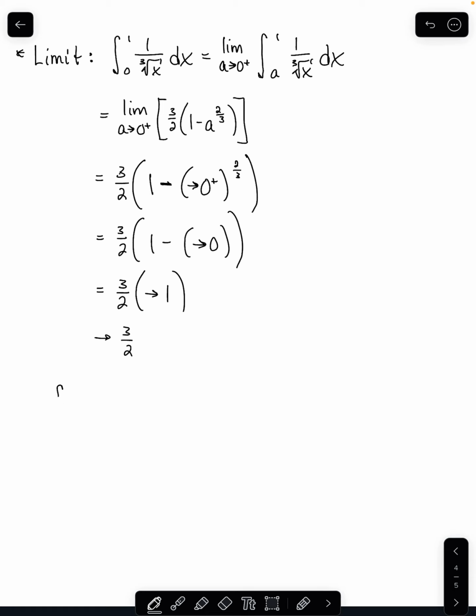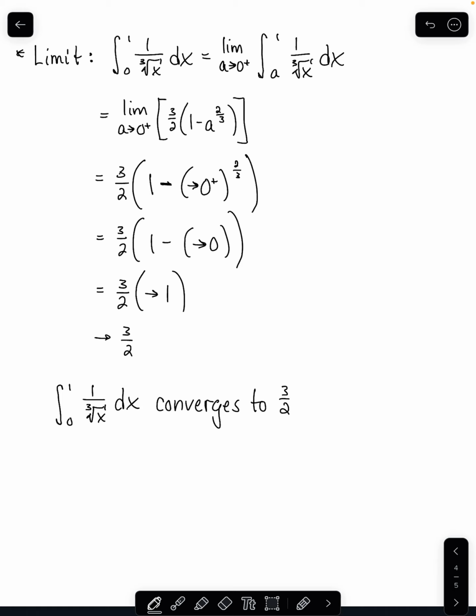Thus we can say the integral from 0 to 1 of 1 over the cube root of x dx converges to 3/2. Again, it is commonly simply said that the integral is equal to 3/2.